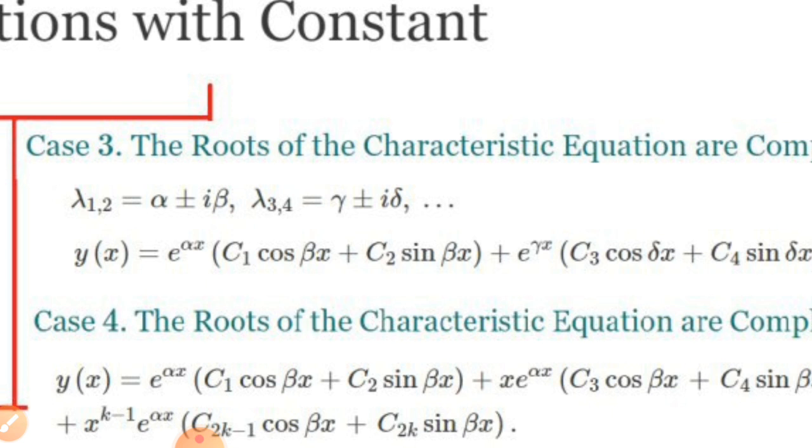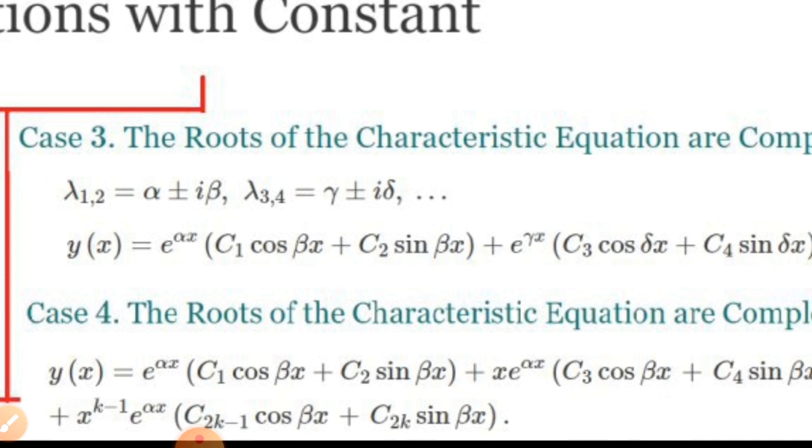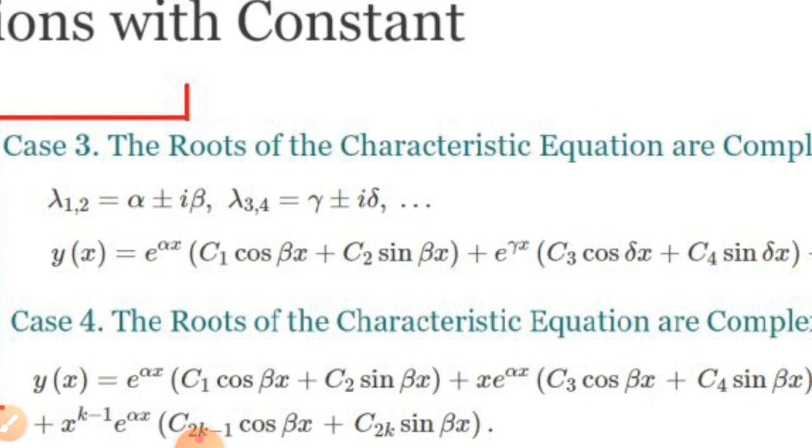If roots are of complex nature, then the solution of our differential equation will be written as y(x) equals e to the power alpha x, where alpha is the real part of that root, and corresponding to the imaginary part beta, we write a cos and i sin term. So, the solution will be e to the power alpha x times c1 cos beta x plus c2 sin beta x.